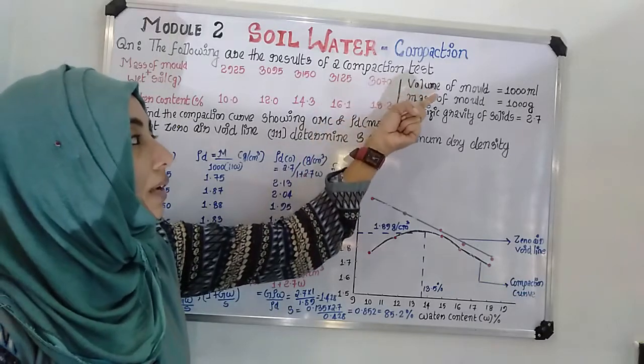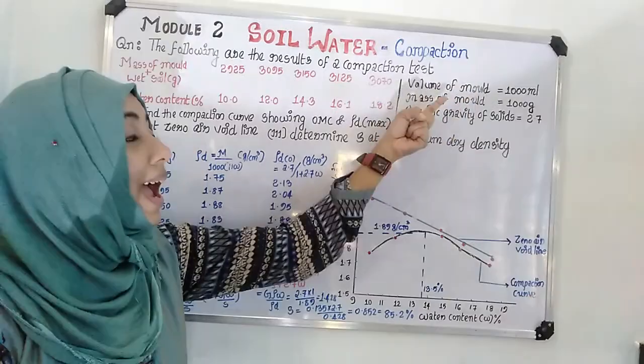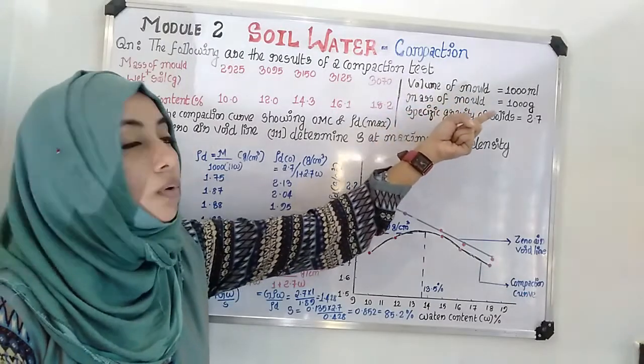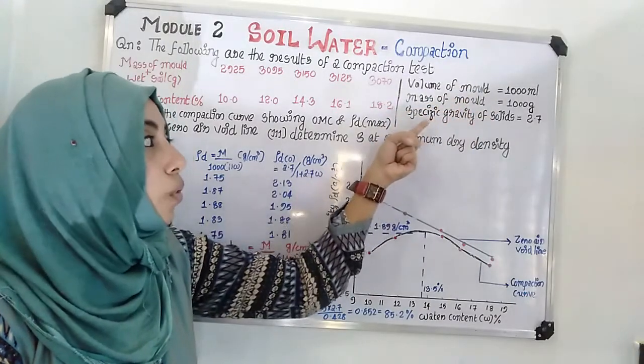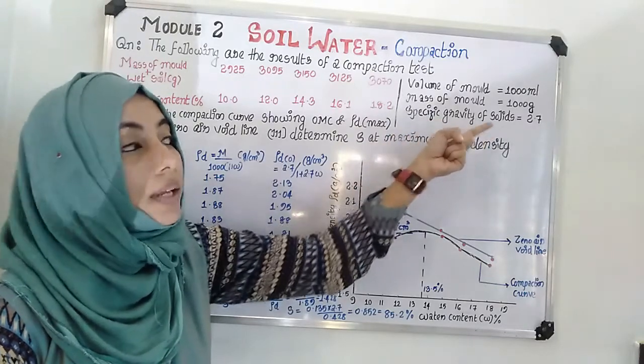We have also given that the volume of mold is equal to 1000 ml and the mass of mold is equal to 1000 gram, and also the specific gravity of solids is equal to 2.7.